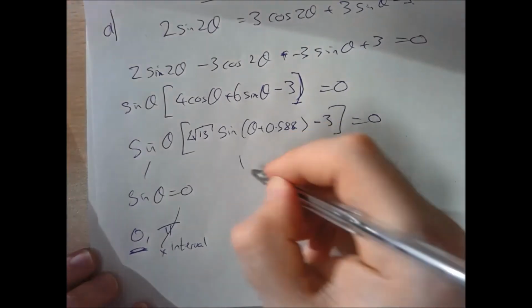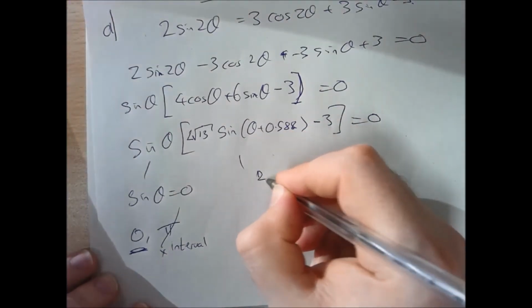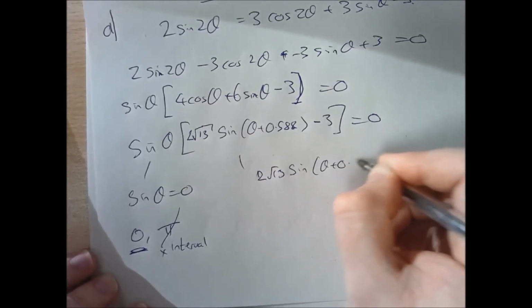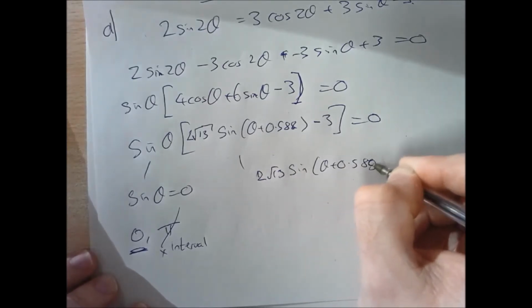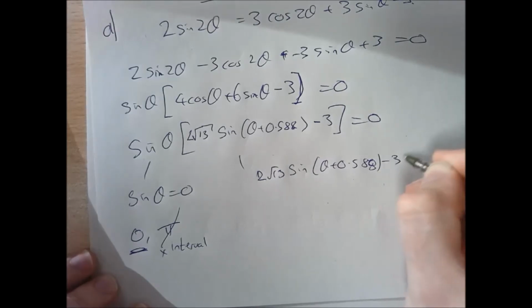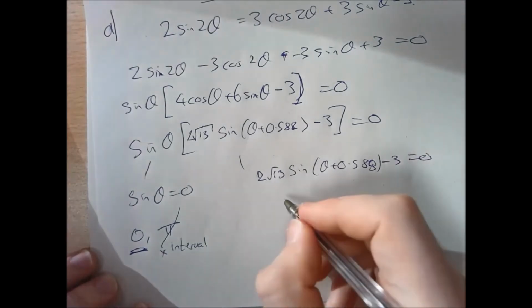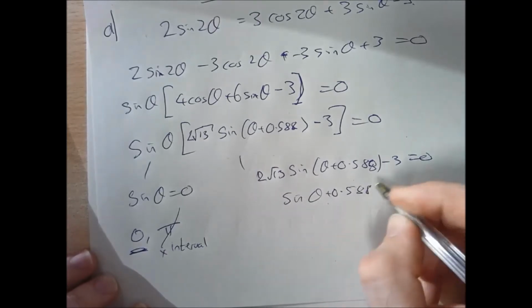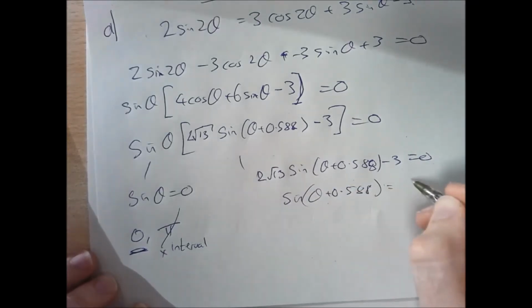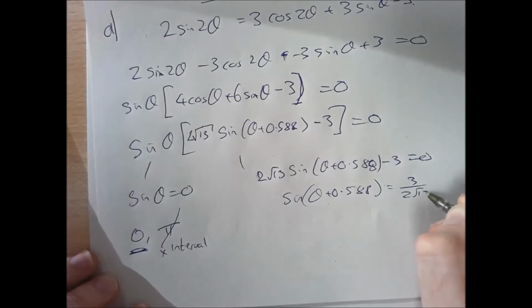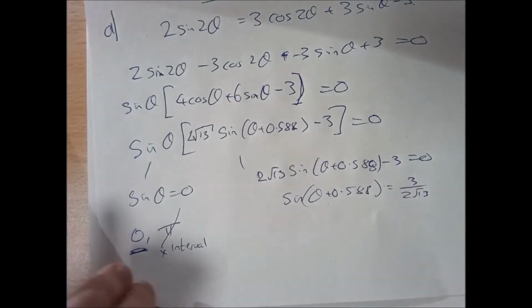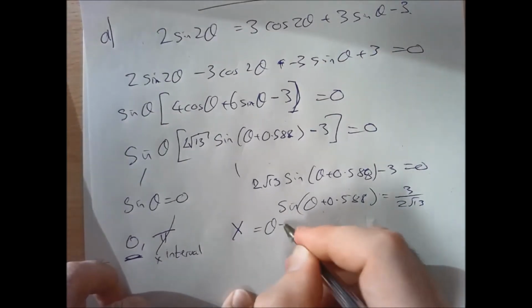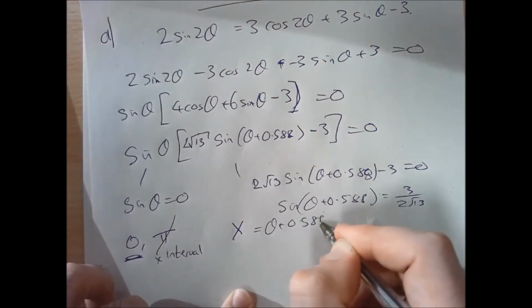We also need the points where 2 root 13 sine theta plus 0.588 minus 3 equals 0. So this is where sine of theta plus 0.588 equals 3 over 2 root 13, just by rearranging. I'm going to make a replacement here, and I'm going to use x as theta plus 0.588.